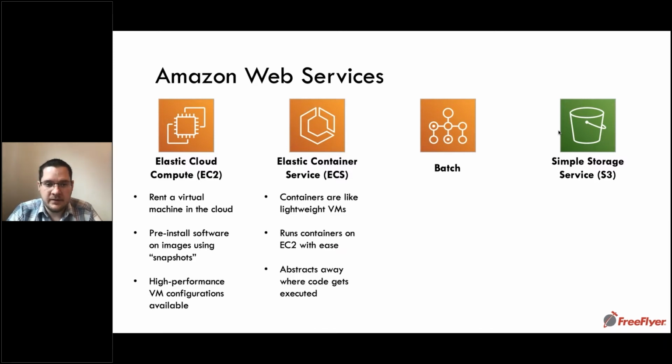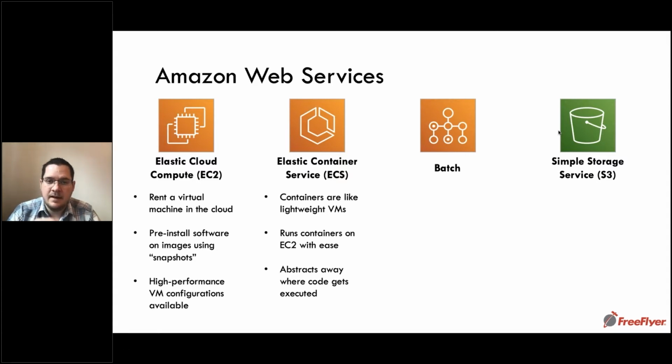The next service is Elastic Container Service. This is an emerging technology in the last 5 years. Containers are like lightweight virtual machines that don't have as much overhead. The idea is that AWS, through the Elastic Container Service, can run containers on EC2 instances with ease.